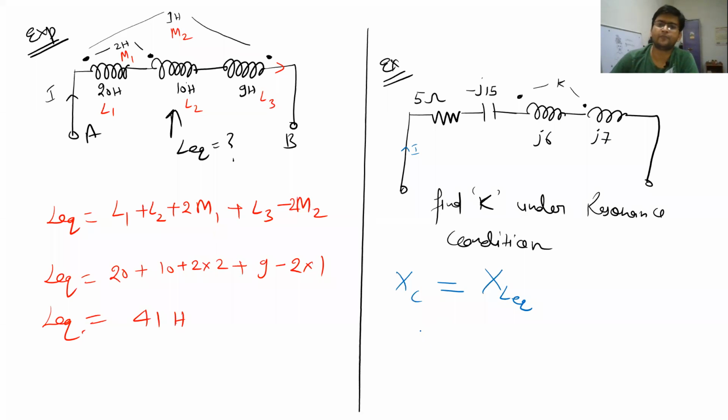What is your XC value? It is total J15. And what is your total inductive value? Let me say that there is a mutual inductance M between these two coils, and since the current will be entering both the coils at the dot, this M will be supportive.